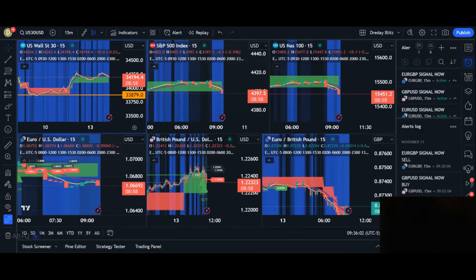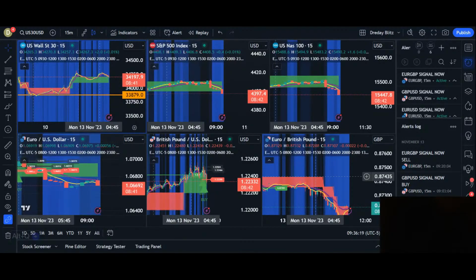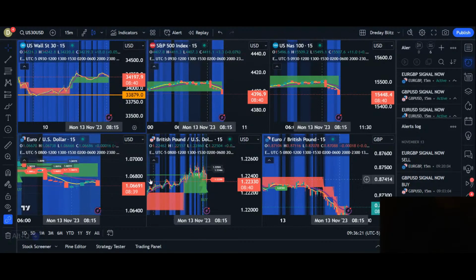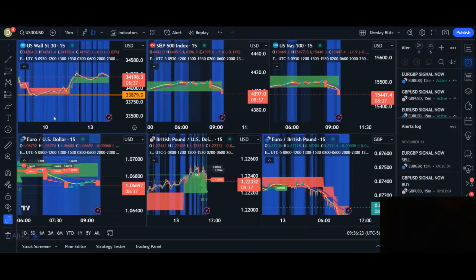Like I said, I'm just going to explain everything to everyone before we start. It's already 9:36 right now, and we didn't have any indication here on the indices. So I'm just going to explain my chart.